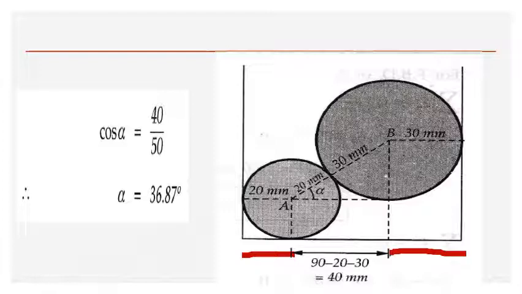Out of 90, if you subtract 20 and 30, you get 40 mm. That is this horizontal length. So we know the adjacent and we know the hypotenuse. If the angle is alpha, cos alpha is 40 over the hypotenuse, which is one radius 20 mm plus another radius 30 mm.